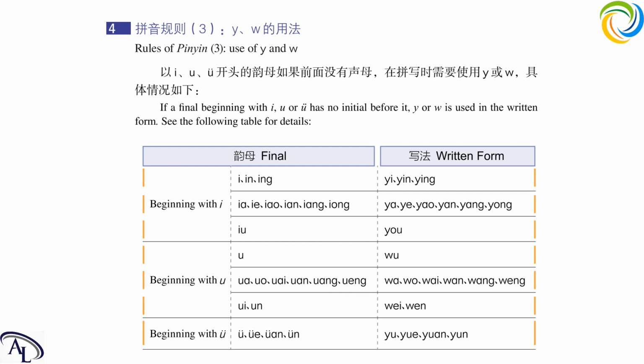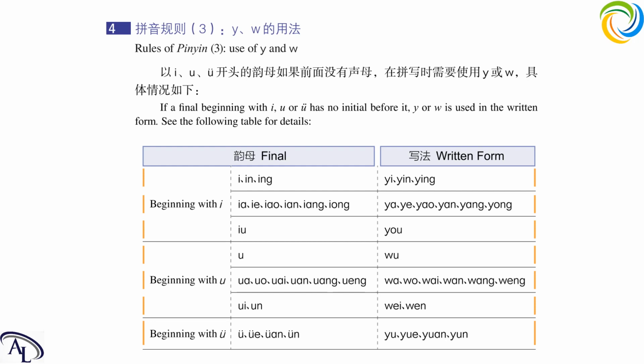When it is a syllable, we will remove i and put the initial y before it. Yeah. And for ye, we remove i and put y before it. And this yao is the same. Remove the final i, put the initial y. And this one is the same. And this one, yang, is the same. And yong, okay, yong, don't forget it. It is yong. And we remove i and put the initial y before it.